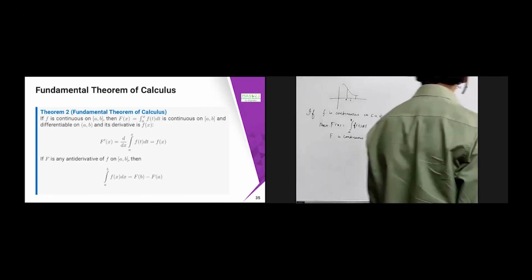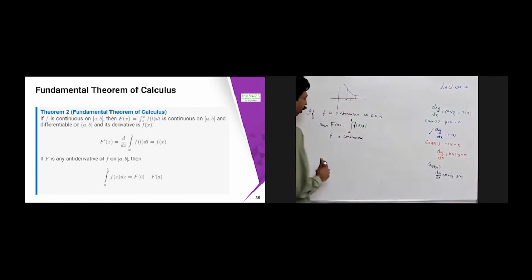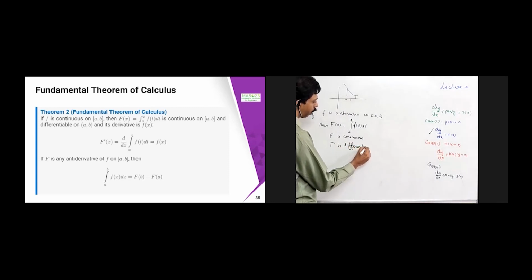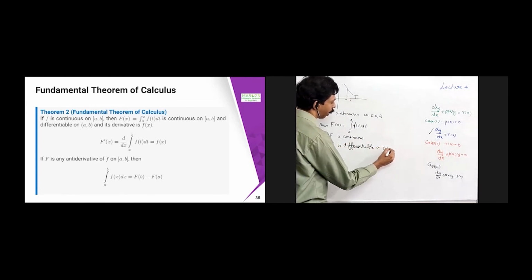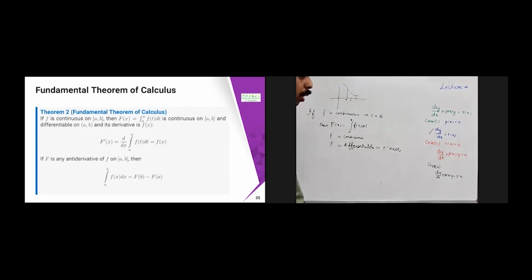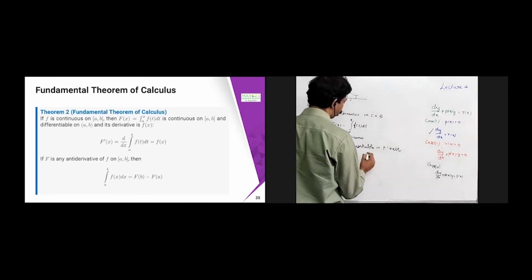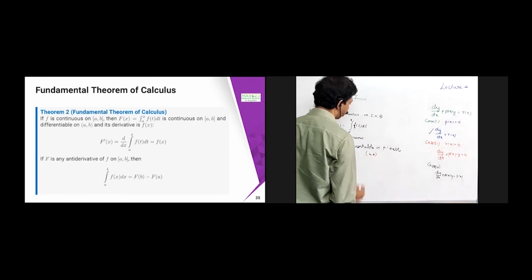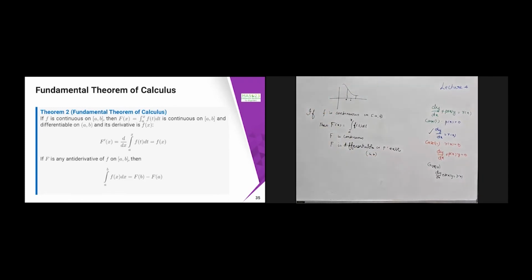Not only that, it is differentiable, meaning F dash exists. I'm not going to say everywhere, except the boundary points, I'm going to say differentiable on (a, b).